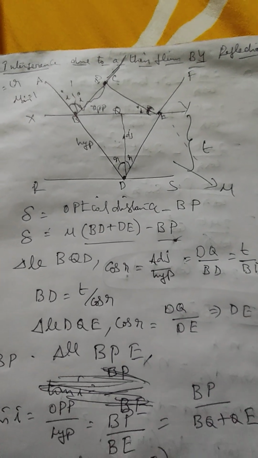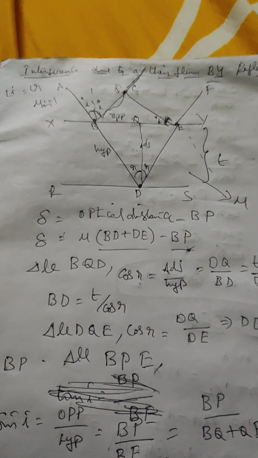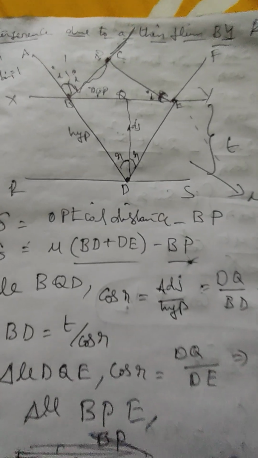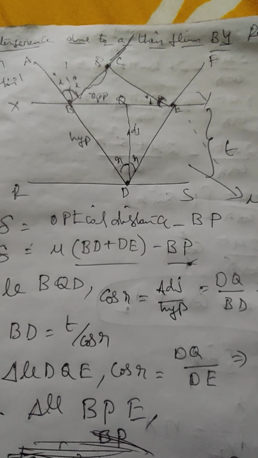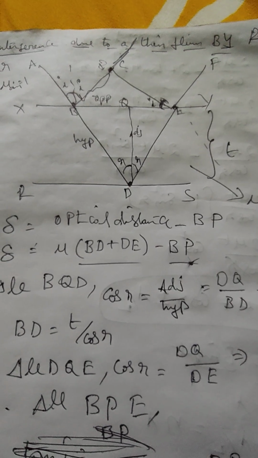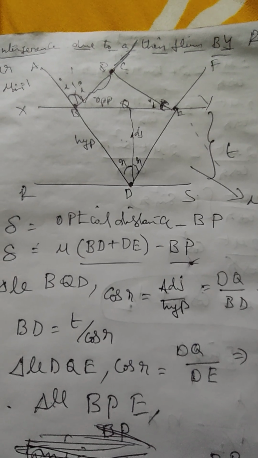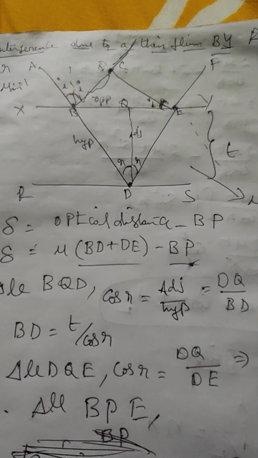Now, to exhibit the interference phenomena, the rays BC and EF must satisfy the coherence condition. For that, I draw the normal line on BC.